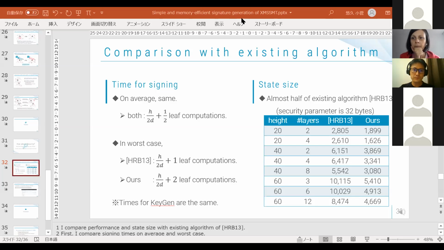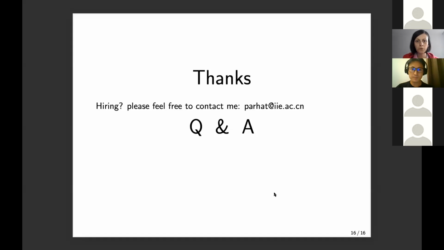So can I share my screen? You cannot share. Then Haruhisa-san should stop sharing his screen. Okay, so try now. No. It's okay now. Yeah, seems to work.